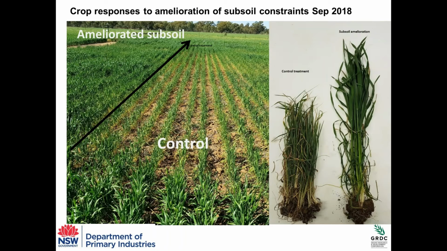This photo is just an example of the 2018 plots, and basically on the 25th of September 2018 I visited this site. On the left hand side you will see an ameliorated plot, and on the right hand side a control plot, and the whole paddock, which was farmer's practice, was similar to this.